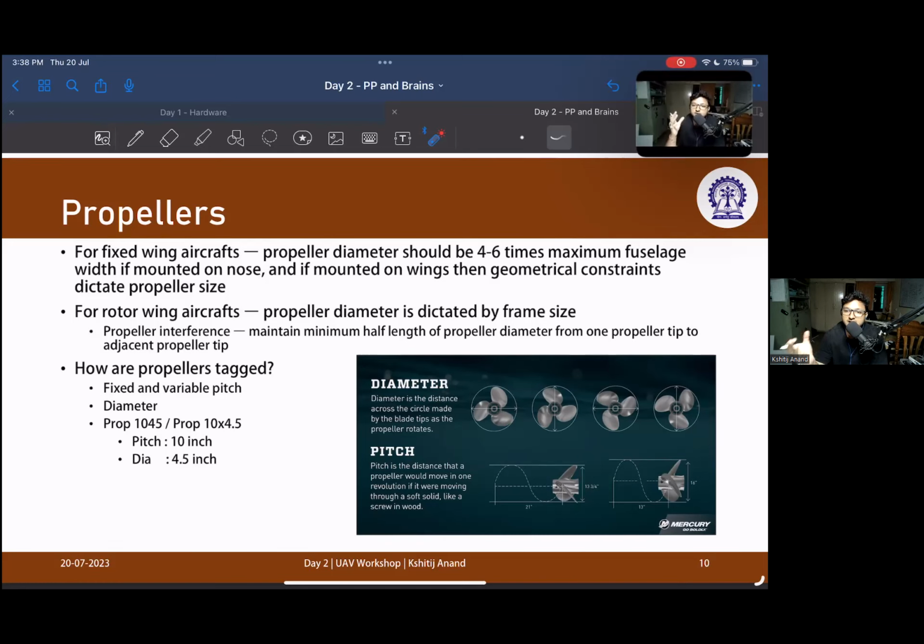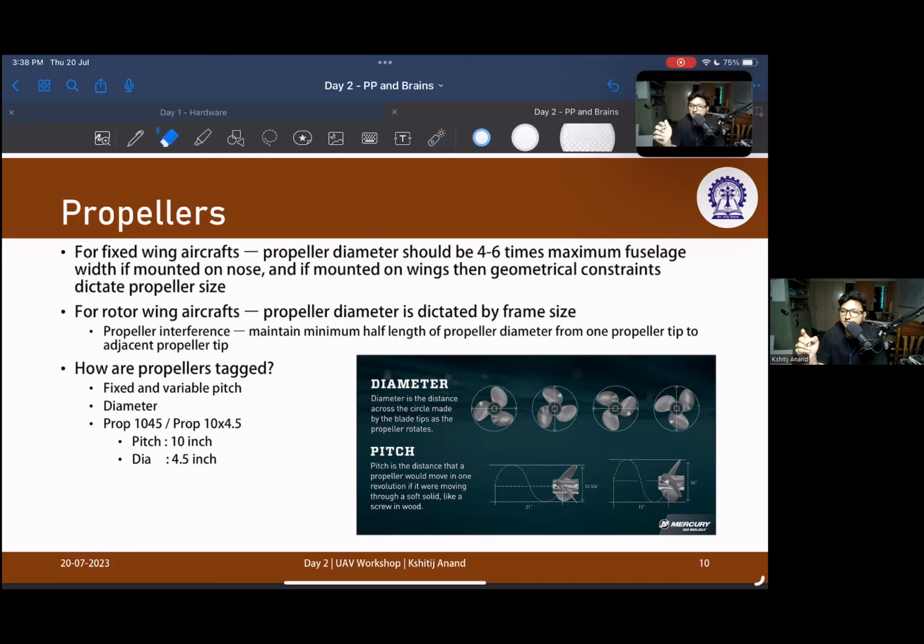How are propellers tagged or labeled? Let's say you went to the market and you said, "I want a pair of propellers." First of all, propellers are always sold in pairs. Can anyone guess why? They can be sold in single units also, but propellers are generally sold in pairs.